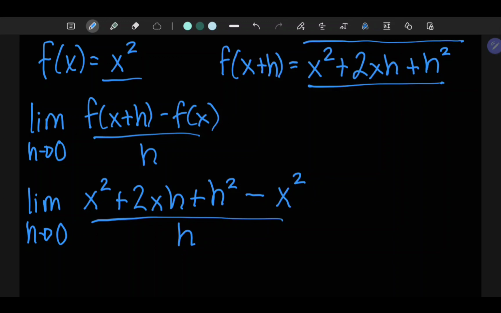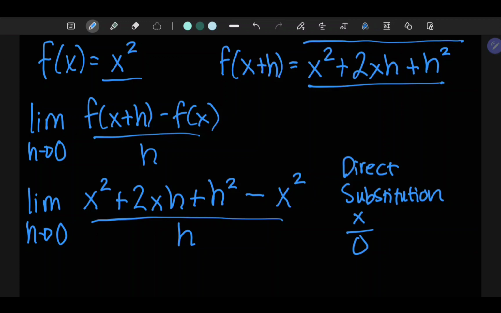A quick comment. When you're finding the limit, if we go ahead and do direct substitution here, what will happen? Well, you'll be putting a 0 into the denominator. The denominator is the bottom of your fraction.